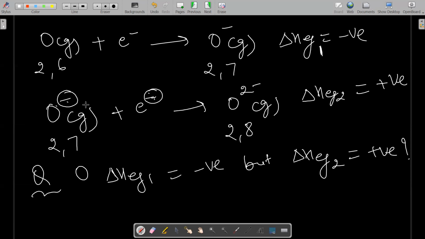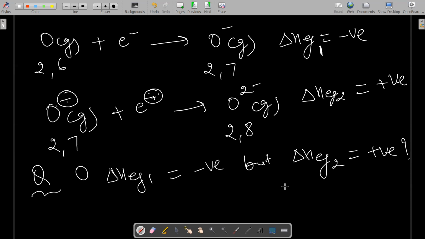Repulsion. And wherever repulsion occurs, energy has to be provided. So in this case, repulsion occurs, so the electron cannot be added because due to repulsion, the electron is again away from the nucleus. So adding is not possible. So to add this electron to this negative, energy has to be provided. So always I say in attraction, energy is released, and in repulsion, energy is required.